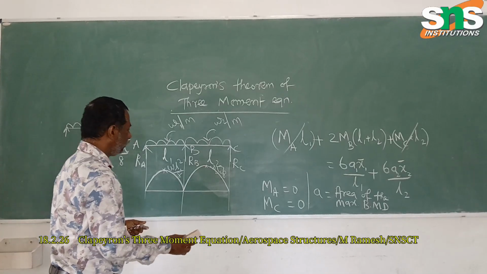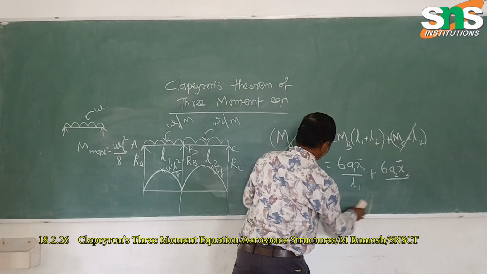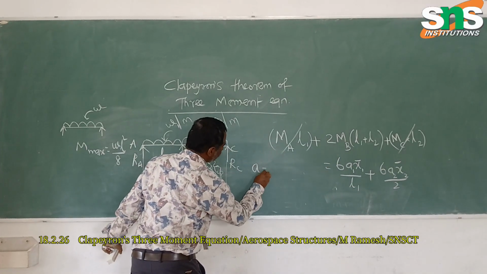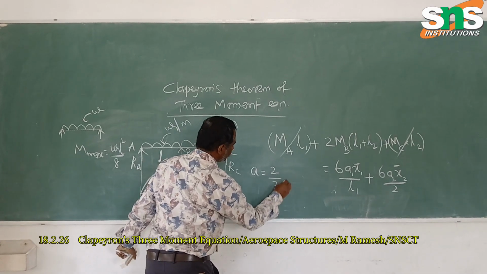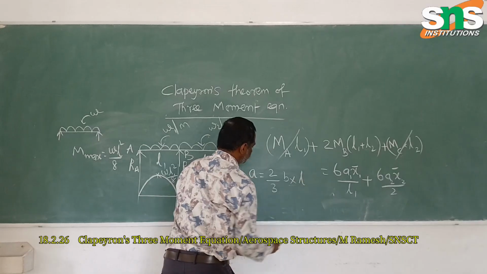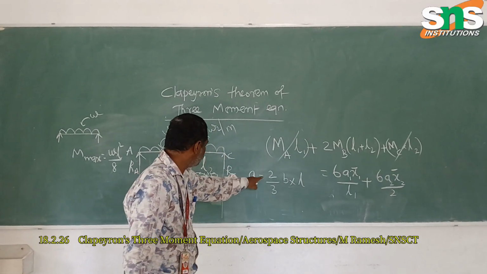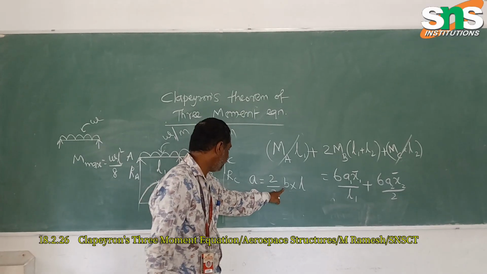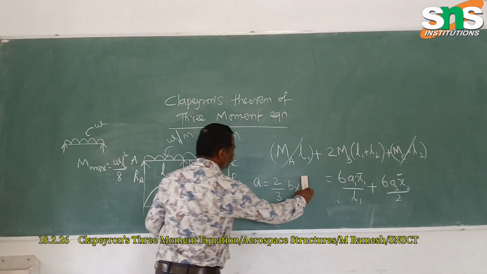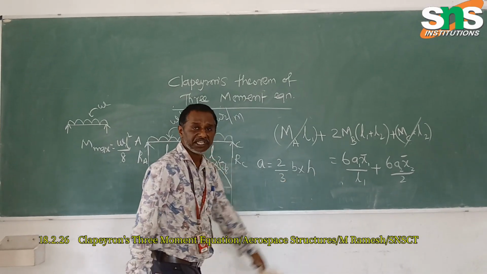The area of the parabola is equal to 2/3 of base into height, 2/3 of b into h.